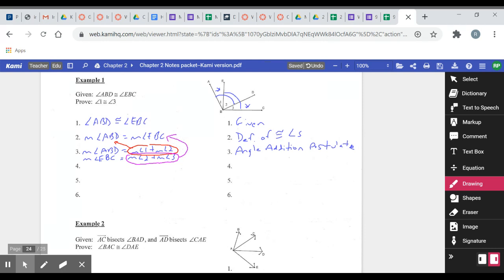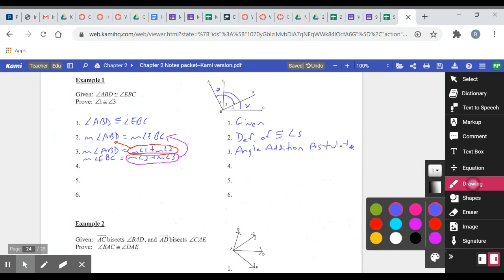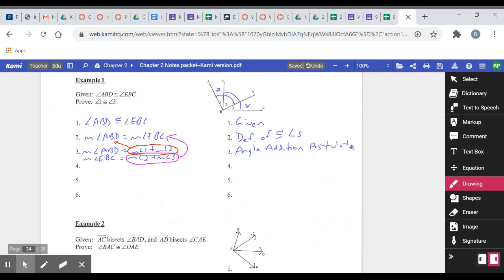Try to think of what it's called when you put something into something else's place. Hopefully you're thinking of substitution. So instead of ABD, I can say the measure of angle 1 plus the measure of angle 2. Remember, that's like the substitute teacher coming in place of the teacher. Then I can take angle 2 plus angle 3 and stick it in for EBC. Again, I put something into something else's place, so substitution.